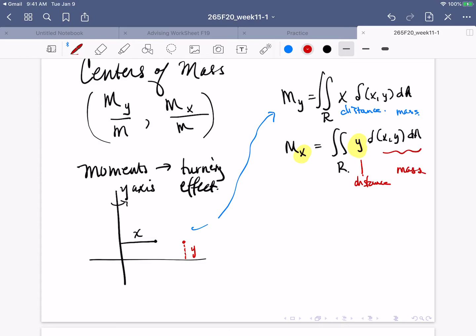And so that's why we have the setup as we do, and we call this x bar, y bar, because x bar is often used to denote a statistical concept of average, and this is a weighted average. These are weighted averages, weighted values.